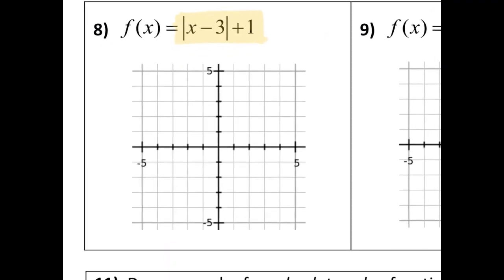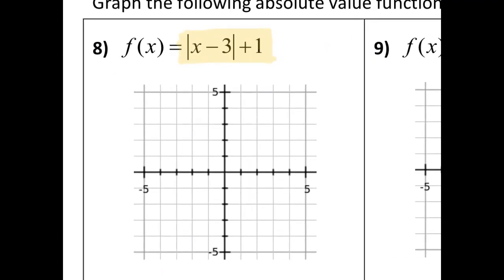Now, I'm going to graph these graphs using transformations. So for example, in this function, because I've got -3 inside, that's going to be a shift to the right. And because I've got +1 outside, that's a shift up.